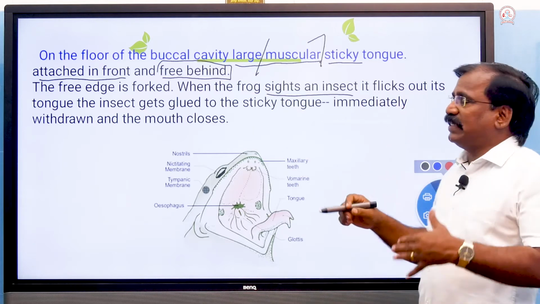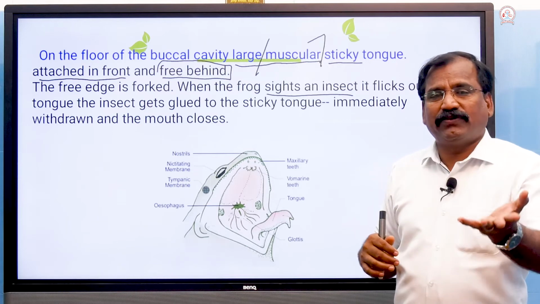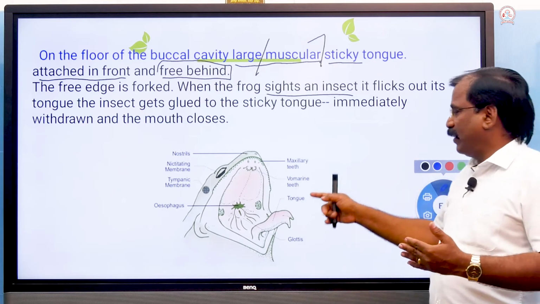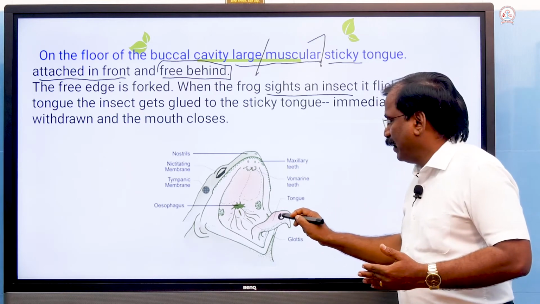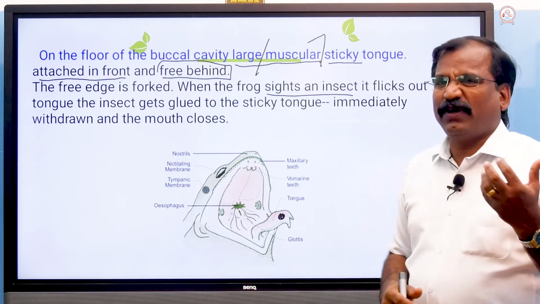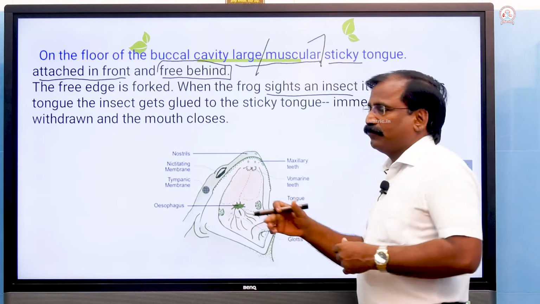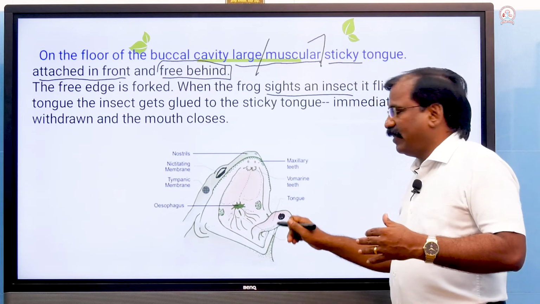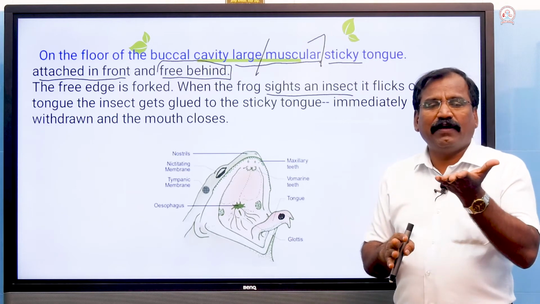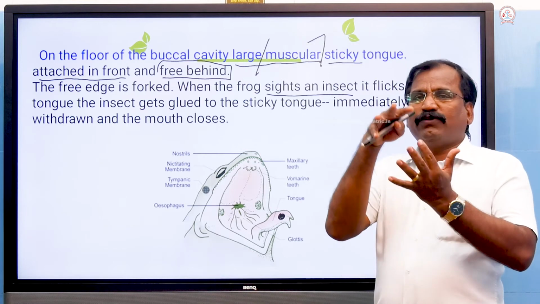It flicks out its tongue over the prey or food, the small insect, so that the insect sticks on the glued tongue, like a gum. The insect is stuck on the glued tongue, and then the tongue is withdrawn. It gets back and closes its mouth.